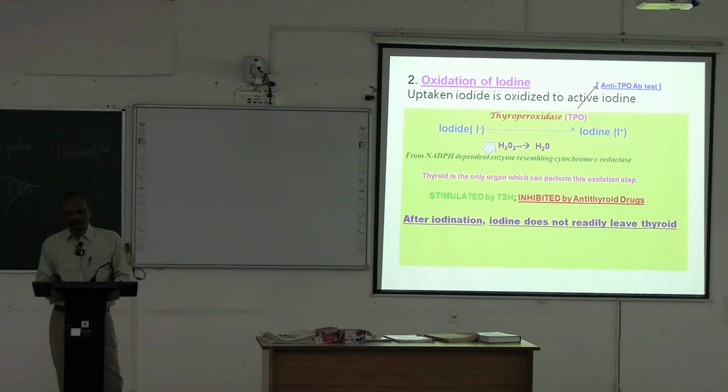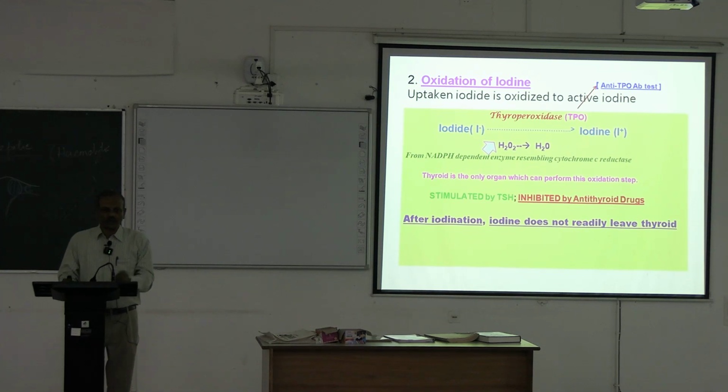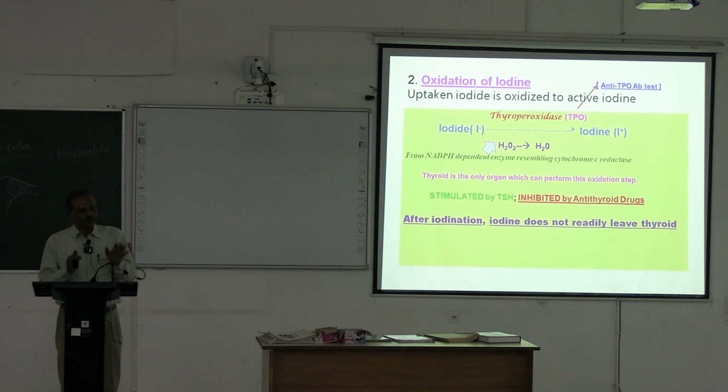Therefore, there will be hypothyroidism, because after taking up iodine it is not able to oxidize. Once the iodine is oxidized into elemental iodine inside the thyroid gland, just like bilirubin or glucose, it will not allow the iodine to come out from the thyrocytes.